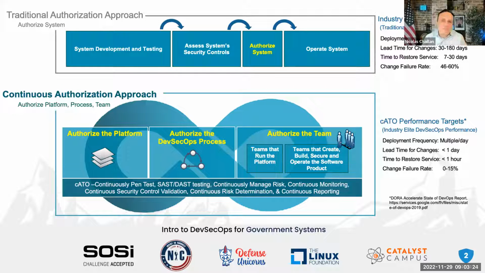So Lauren, the Air Force CIO, and Danny Holzman, the authorizing official for the DevSecOps and the cloud teams, came up alongside myself with this three-pillar approach of the continuous ATO: the platform, the DevSecOps process, and the team. Of course, you have two teams: the team that runs the platform and the team that builds software using the platform. I think it's important to separate the factory team that builds the factory itself from the team that actually builds software.